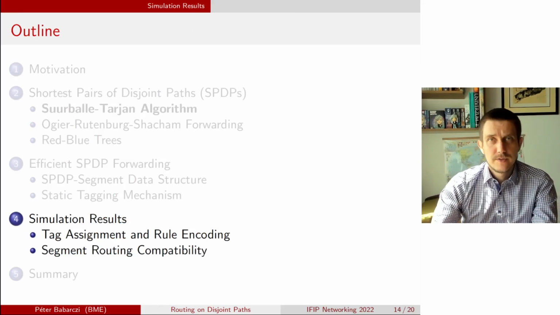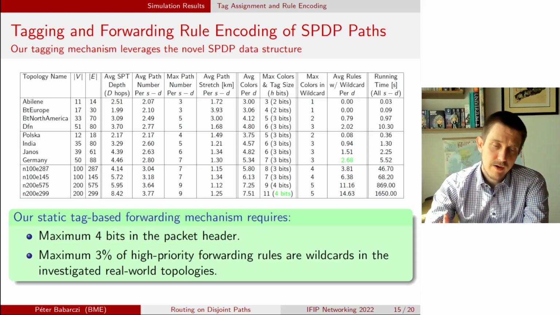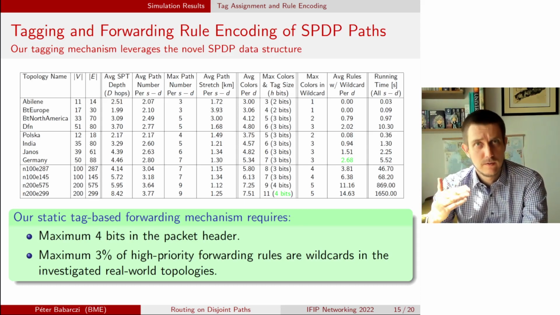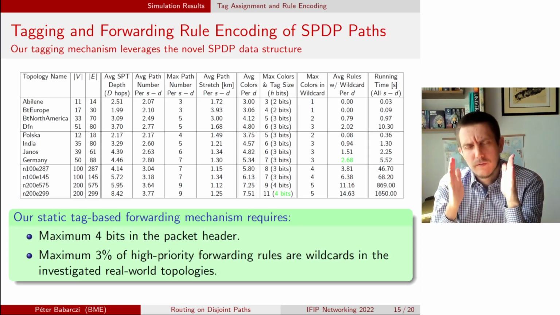So now I will show you our simulation results. Our first observation was that we ran several simulations on real-world networks and also on synthetic topologies, and although we do not have an upper bound on the length, in practice it's sufficient to have only a short length.